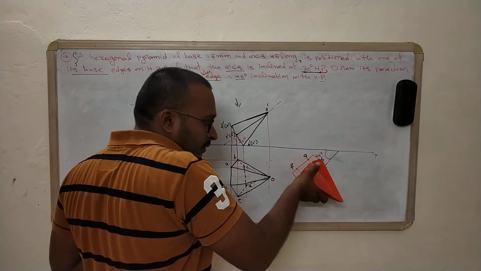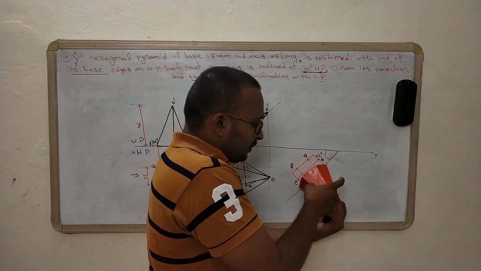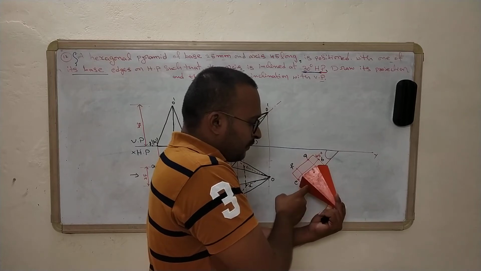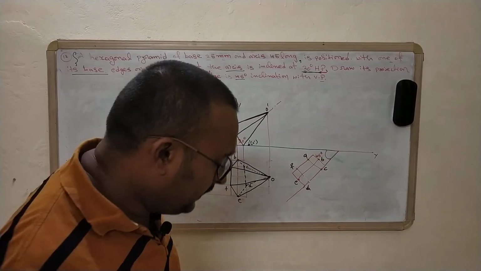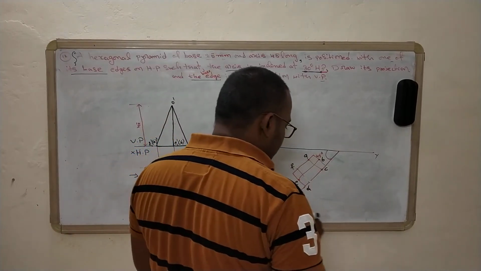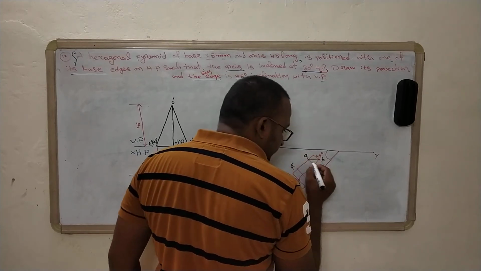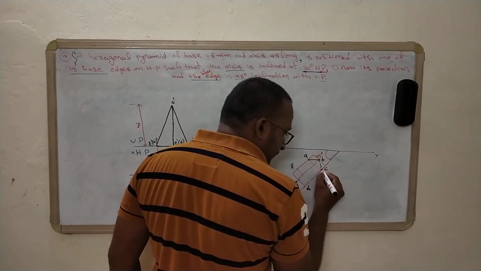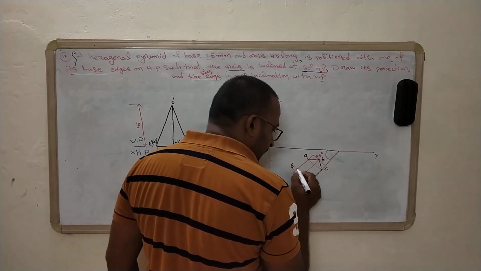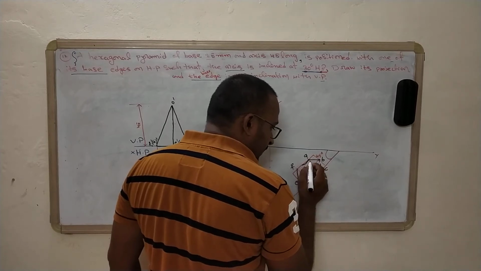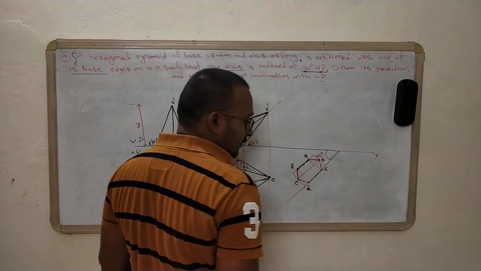So here this is the position. Whenever we are going to see from the front view, these three surfaces are going to be visible and these two surfaces are going to be invisible, so the visible lines should be highlighted as it is. CD line will be invisible, right?